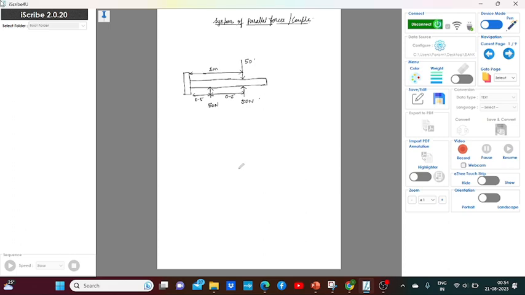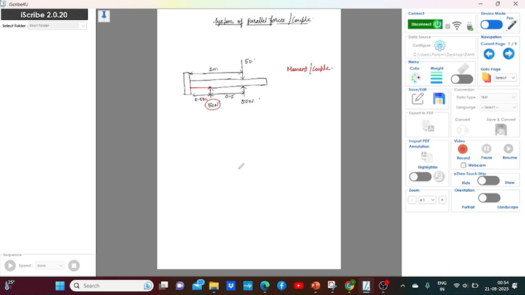Now, before starting all these things, let us first define what is a moment or a couple. Moment or couple is nothing but the ability of a person to give turning movement. Suppose this person applies 50 Newton of force at 0.5 meter distance of the door.